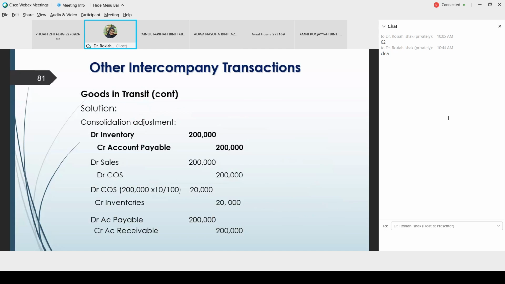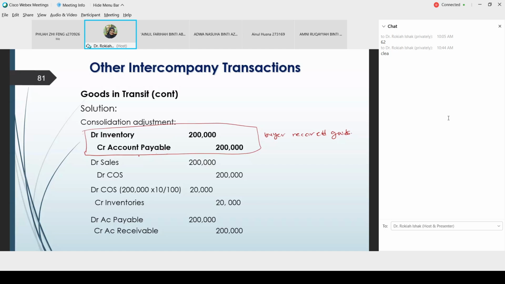Okay, so the first journal entry that we have here, we need this one because we assume that the buyer already received the inventory. So you're going to debit the inventory and then credit the accounts payable. Once the buyer received the goods, they're going to recognize it as inventory and credit accounts payable because it's not yet paid.